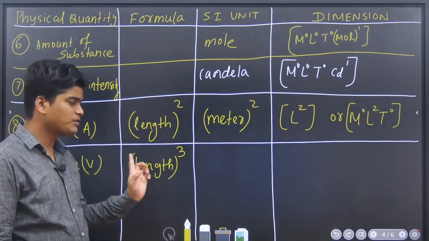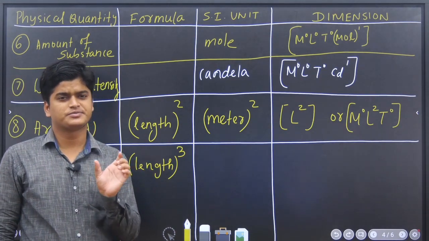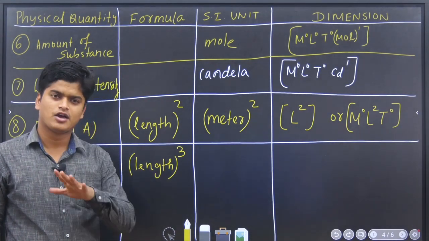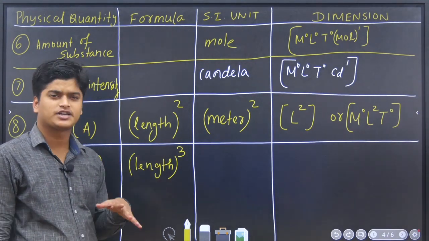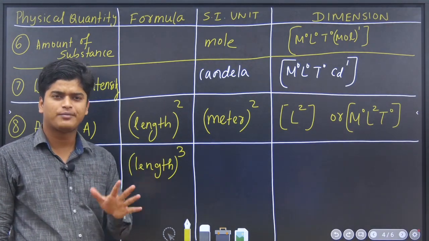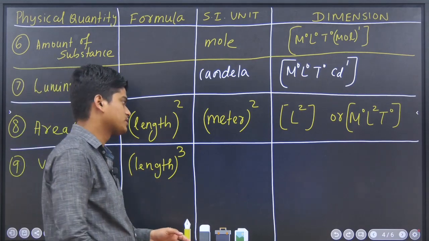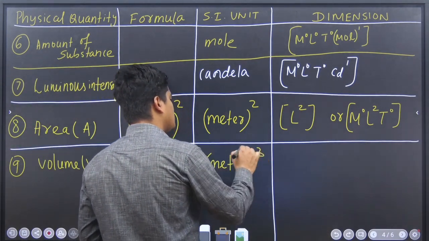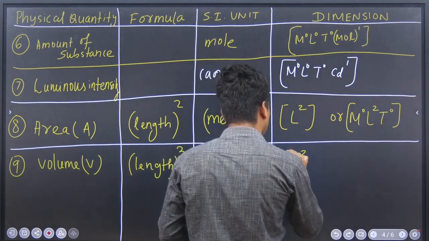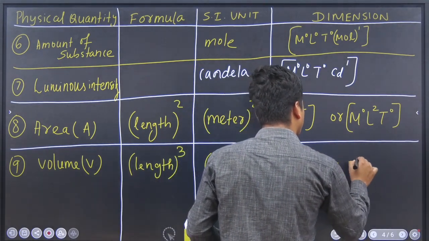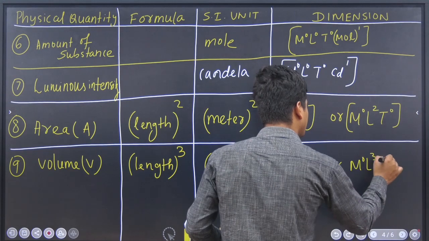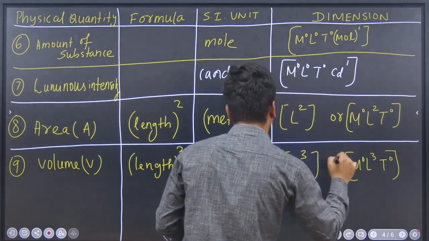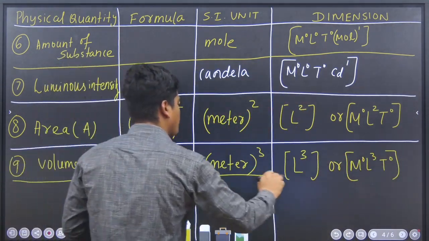But whatever the volume formula, it always comes basically as distance to the power 3. Constants can change, but constants like pi, 4 pi will have no dimension, so no need to worry about that. So this one is meter to the power 3, or you can write L to the power 3, or M0 L3 T to the power 0. So this is your volume.